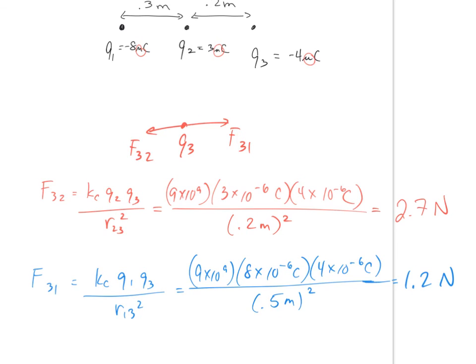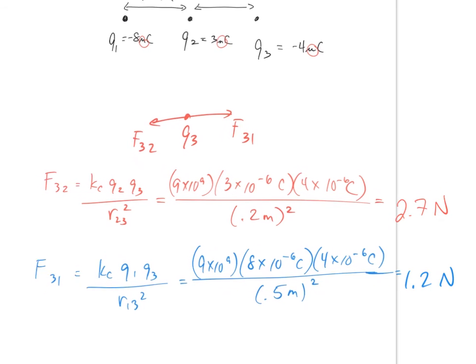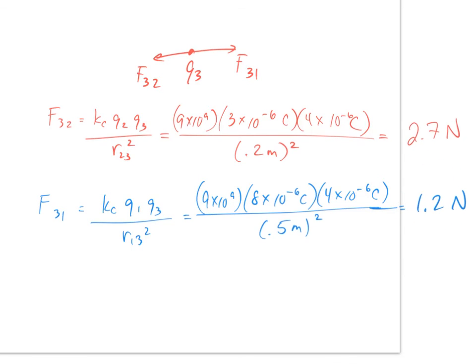It looks to me like the pull to the left is stronger than the pull to the right. The blue at the bottom right here is F31. That's the pull to the right. But the pull to the left is 2.7. So if I look at this problem, I think of this as a tug of war. I'm being pulled to the left with 2.7. That's negative.